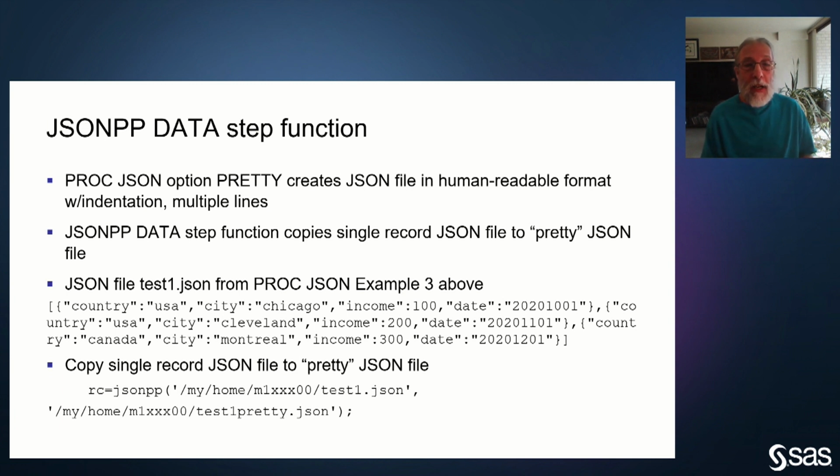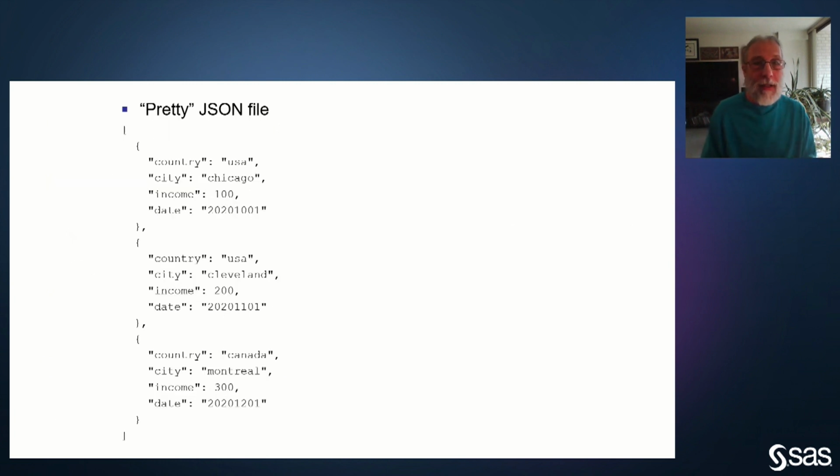You just pass in the first argument, the existing unpretty JSON file, and the second argument is the now created pretty JSON file. And that's all there is to it. And here's the pretty JSON file, one we've used before, that we created from the unpretty JSON file.